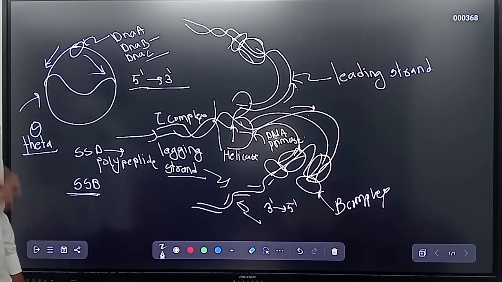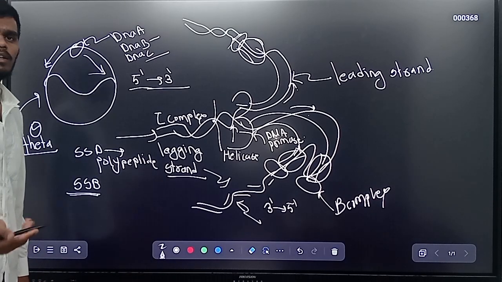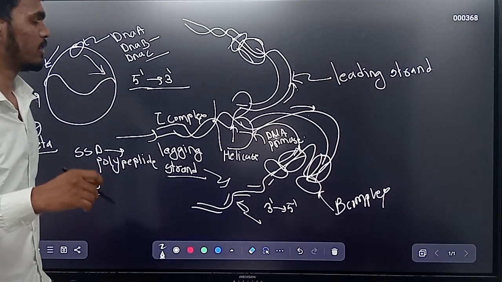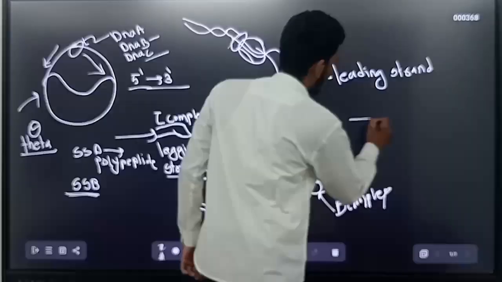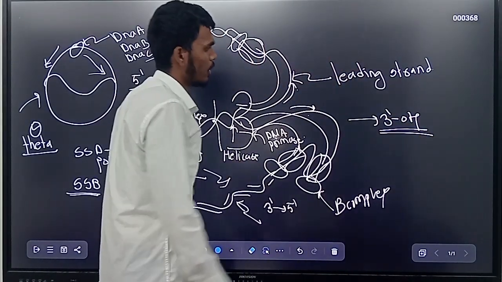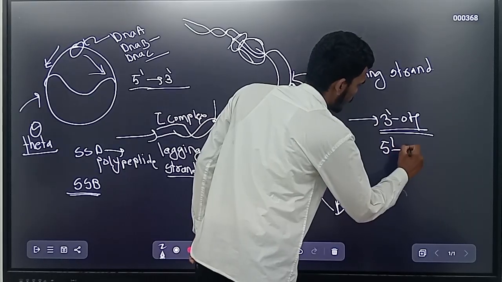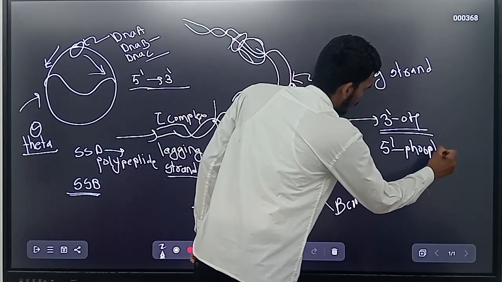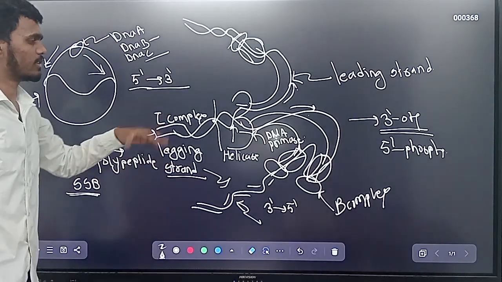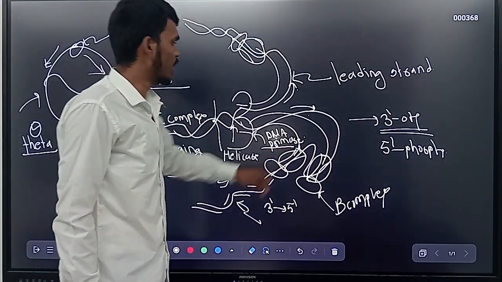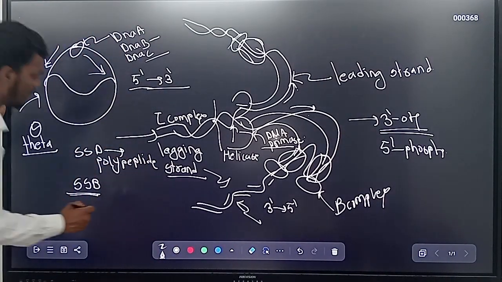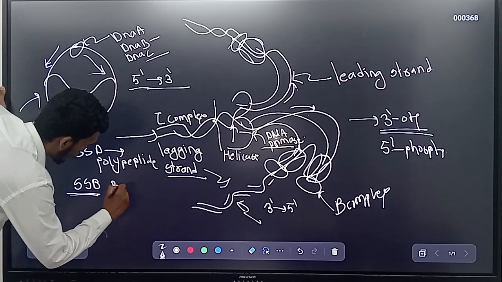The single-stranded DNA will get bound by single-stranded binding proteins, and these are called SSB proteins. This helps in stabilizing them. Then in the next point, what will happen? Each strand will get entered. So here there will be DNA helicase activity.